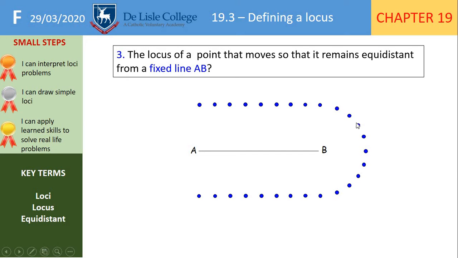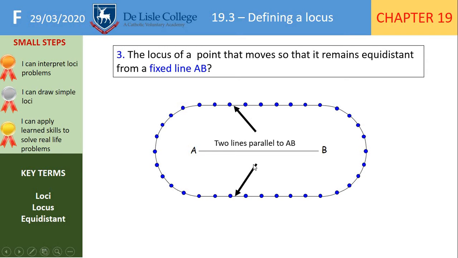But what we have around the end of B and also around the end of A is a semicircle of radius 3 centimeters, because when we get to A, if you imagine a piece of string that was 3 centimeters long and you start to turn it fixed at point A, what you end up with is a semicircle that goes all the way around point A, and you would have exactly the same at point B. You can map those points, and what we're left with is kind of this sort of running or cycling track shape around the line.